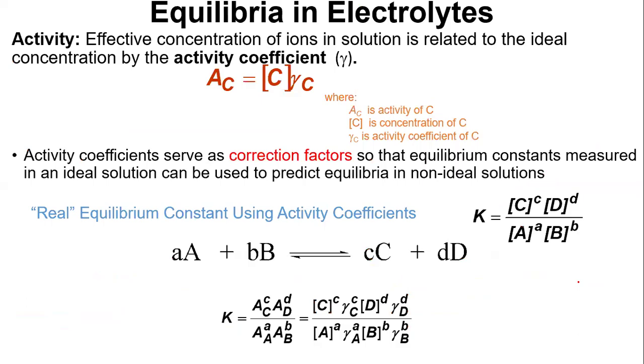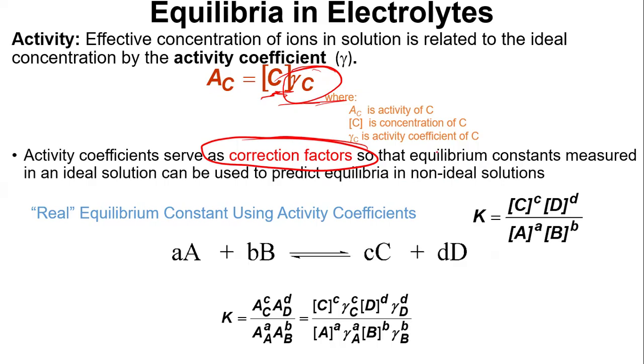Now, activity. I'm saying that activity is the effective concentration, right? We can calculate the activity by multiplying the concentration by the activity coefficient. The activity coefficient will serve as a correction factor, and it will tell us how the concentration deviates from the ideal concentration, because the concentrations we state here are for ideal solutions, right?